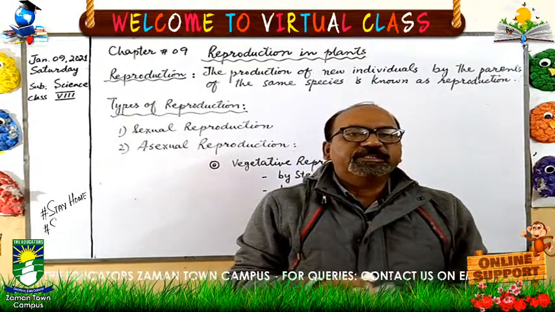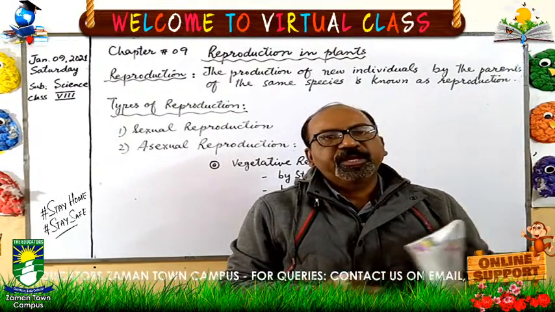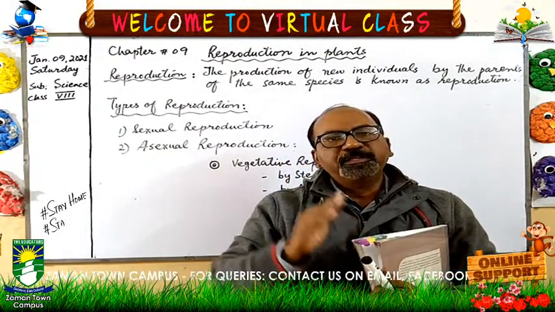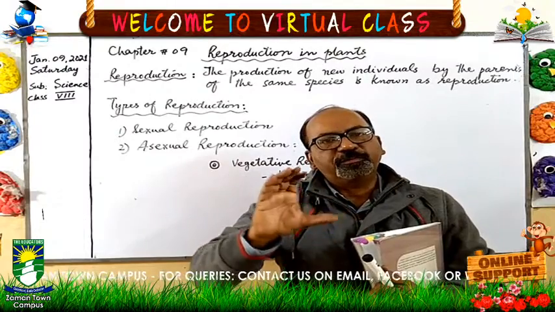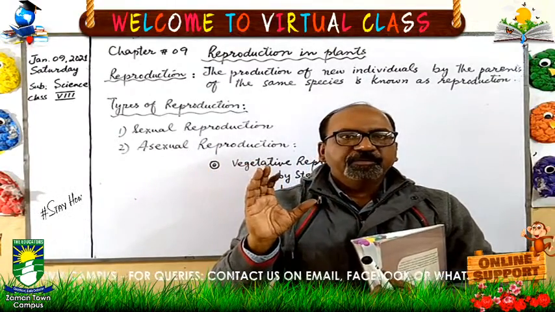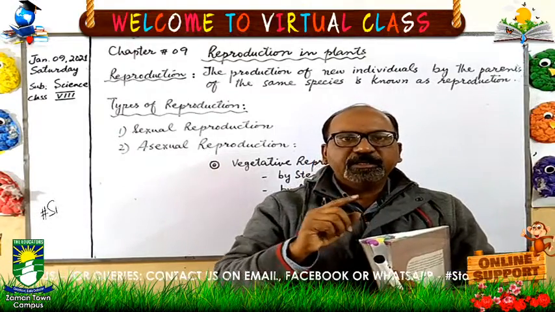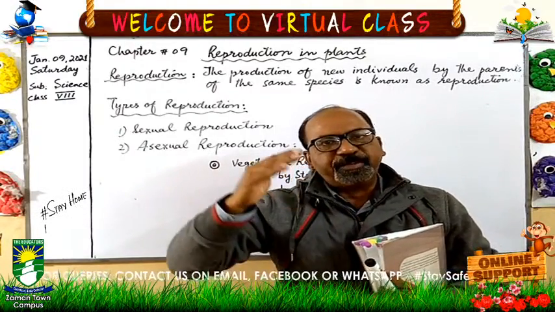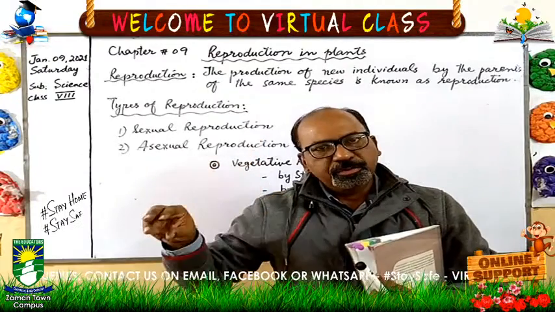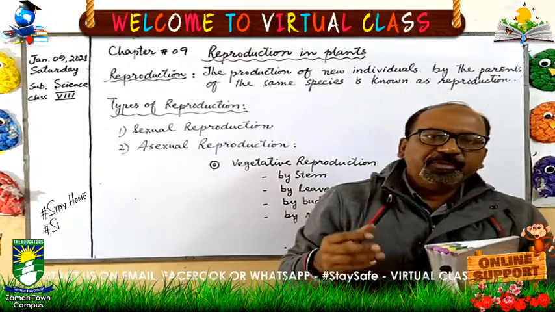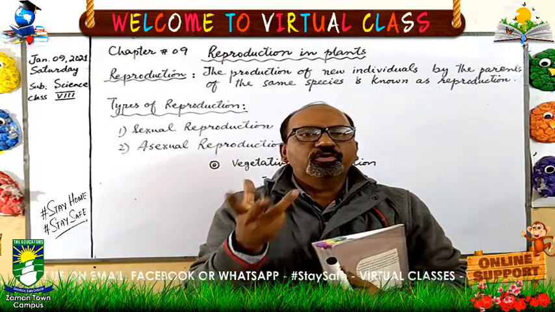Asexual reproduction is the production of new plants from different parts of the parent plant. Means only one plant: if different parts of that one plant are grown, they produce a new young one. For this, we will take the example of the rose plant.